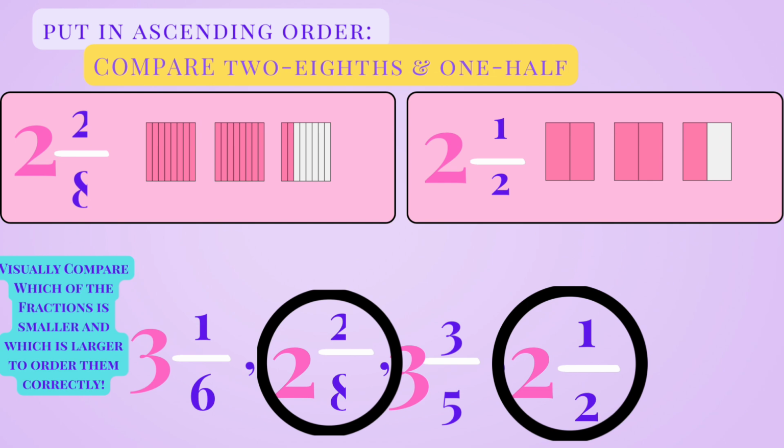If we imagine dividing the space between 2 and 3 into 8 equal parts, taking 2 of those parts would give us about a quarter of the way, which is definitely less than halfway. Since 2/8 is less than 1/2, we know that 2 2/8 is smaller than 2 1/2. So far, our order is 2 2/8, then 2 1/2.